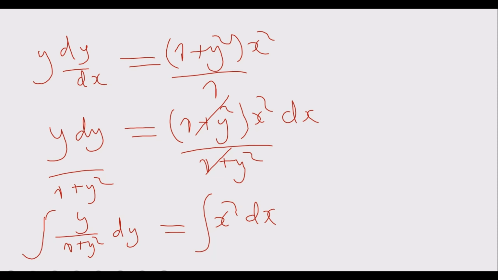Then the next step is introducing the integral on both sides. Then we start integrating. If you look at the left hand side, for us to end up with y over 1 plus y squared, what did we differentiate? The numerator is a function of the differential of 1 plus y squared, which is basically 2y. So for us to end up with a y on top, it means we adjust by a constant.